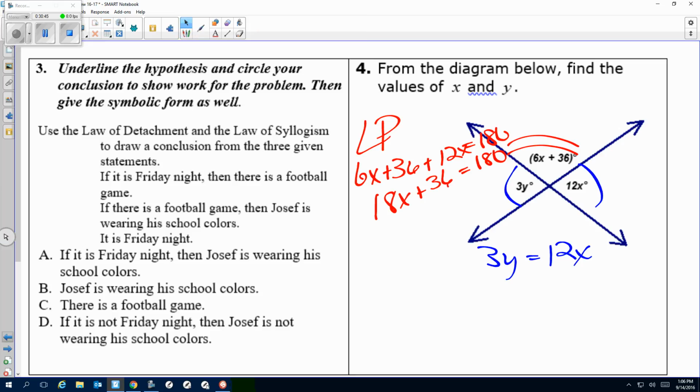I want y. Okay. So, yeah, subtract your 36. Yes, x. Isn't it 6? Hold on.